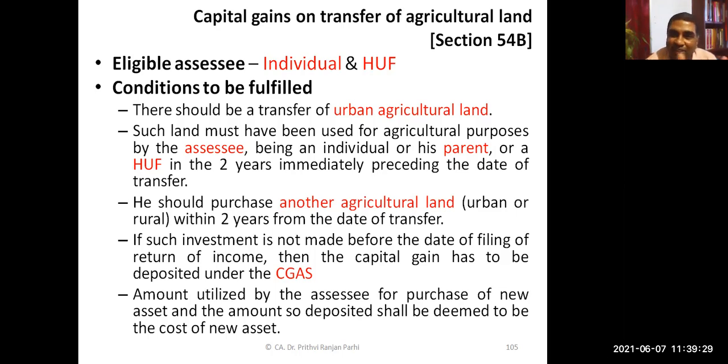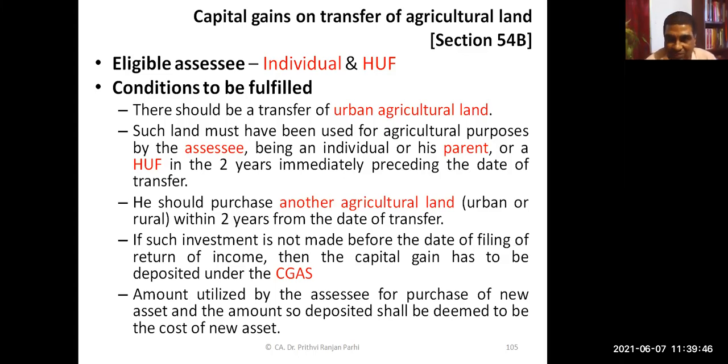So one agricultural land is transferred. Then he should acquire another agricultural land within a period of 2 years. And this new agricultural land need not be urban again. It can be urban, it can be rural also. Okay.